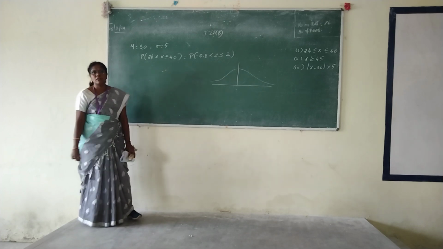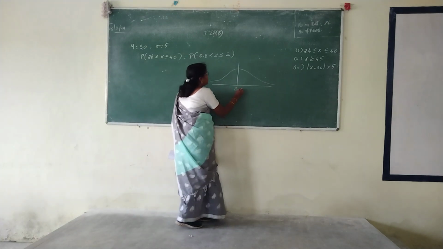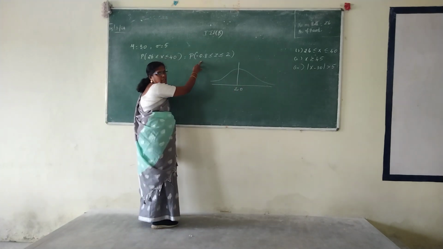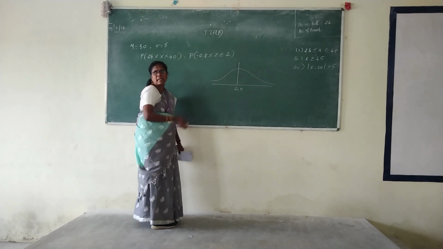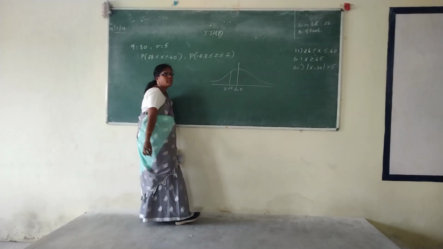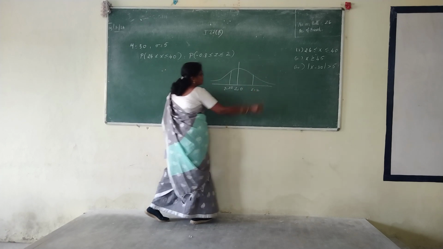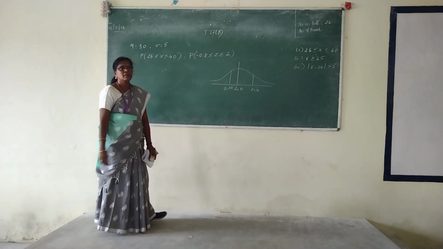Have you all drawn the normal curve? At the midpoint, what is the z value? 0. What about minus 0.8? Where is it going to lie, left side or right side? Left side. So somewhere here I will mark z equal to minus 0.8. Z equal to 2 is on the right hand side. So somewhere here I will mark z equal to 2. So what area do we have to find?